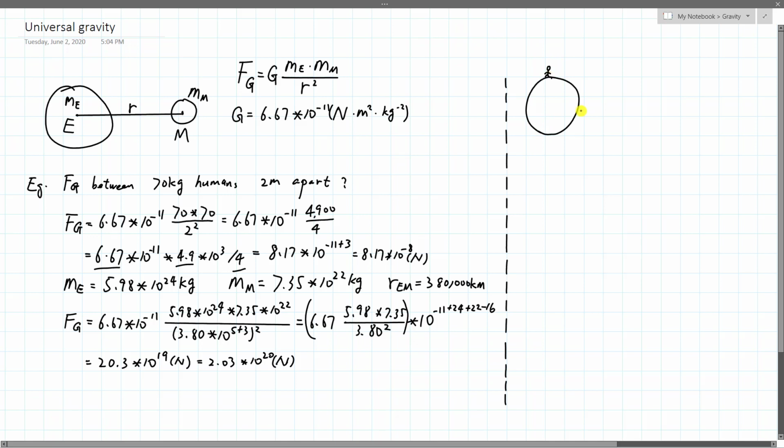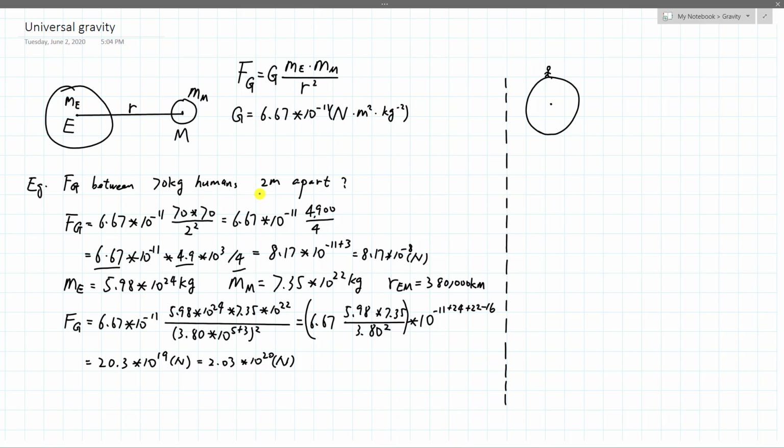So our weight is mostly the result of our mass attracting the Earth's mass. So let's calculate this. This is our mass. Let's talk about one of those two human beings, a 70 kilogram human being. How much does a 70 kilogram human being weigh on the surface of the Earth?